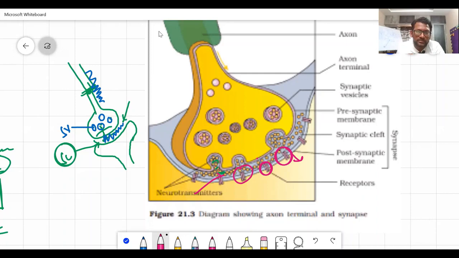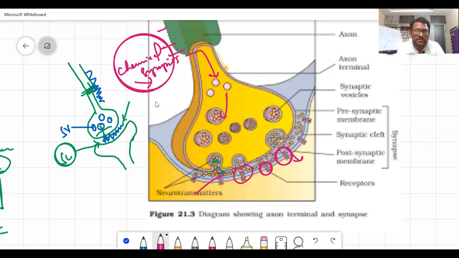So actually the nerve impulse stops at the axon, and then they activate these vesicles, which release the neurotransmitters in the synaptic cleft. So these are chemical synapses. We call them chemical synapses.